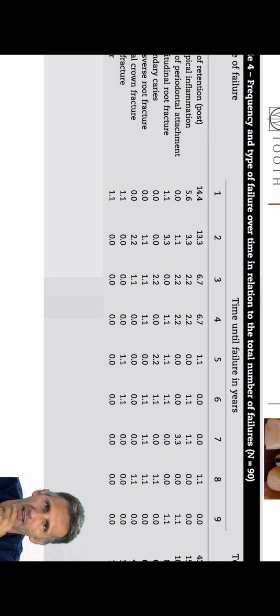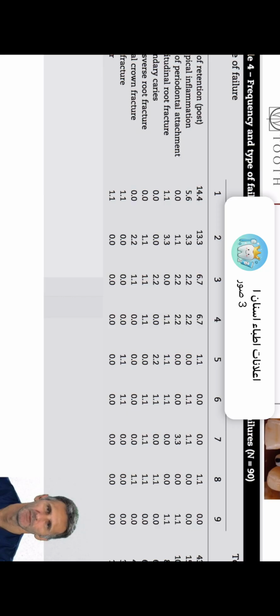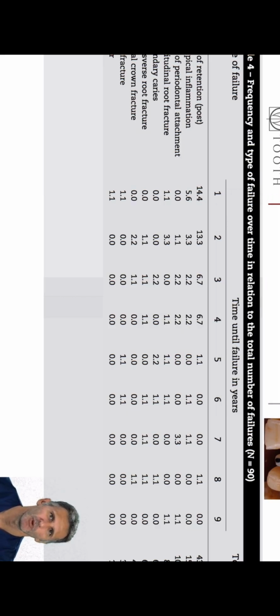Loss of retention happens when we are dealing with a loose post. So, if we don't consider this, because this is related to some technical problems, but if we consider a state-of-the-art cast post, look at the numbers that we have. Almost 0 post-fracture.